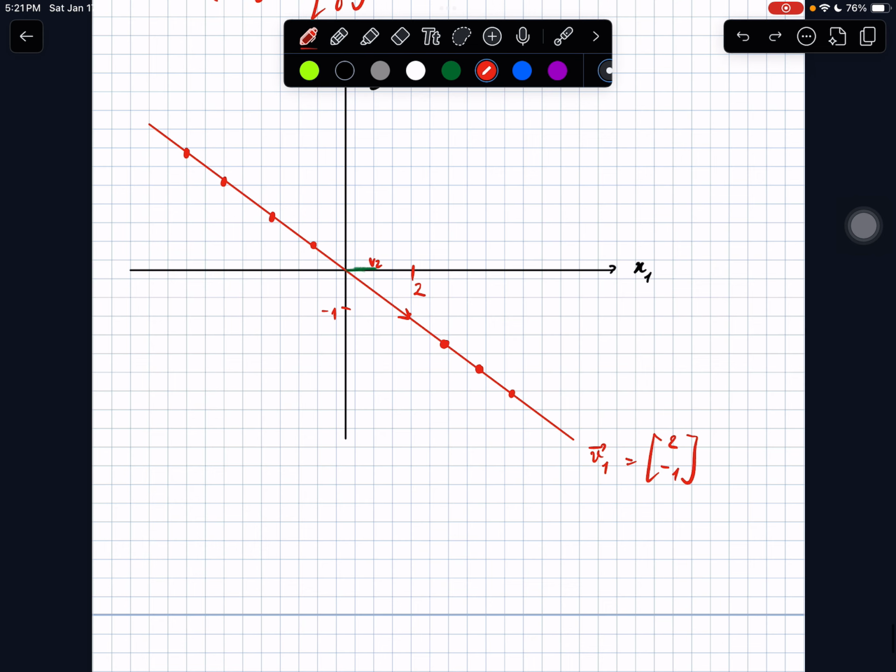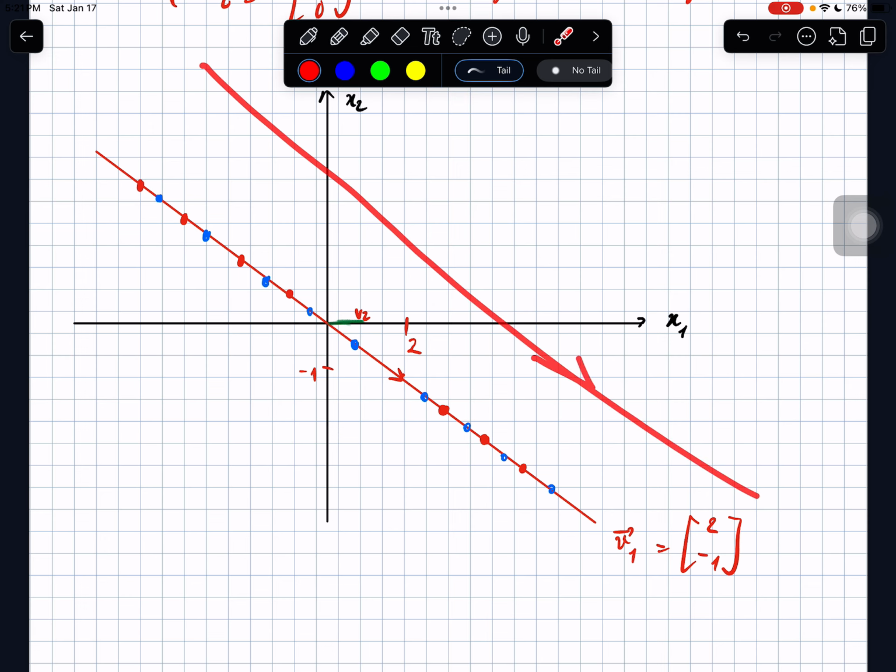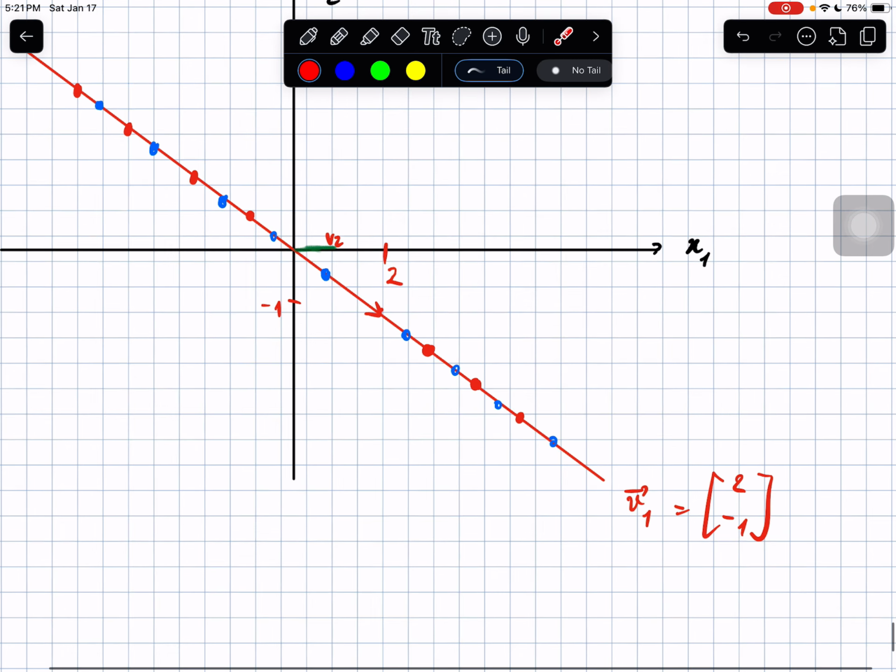Each such solution is just a fixed point. On the other two sides, one side has lines parallel, in the same direction as V1, and the other side has the opposite direction. Now check the direction by checking one point on this half plane.